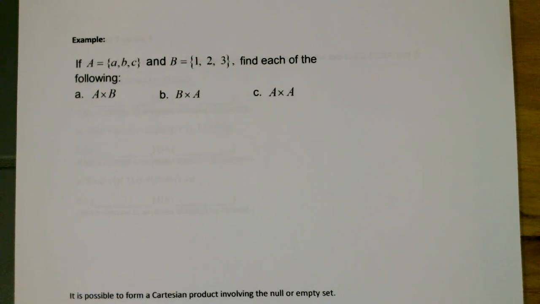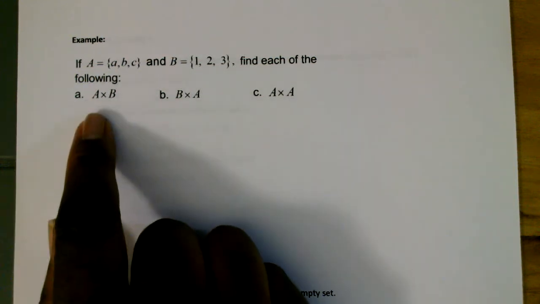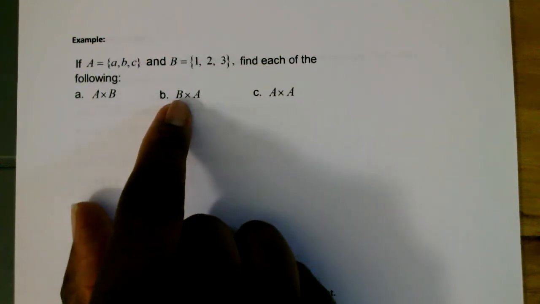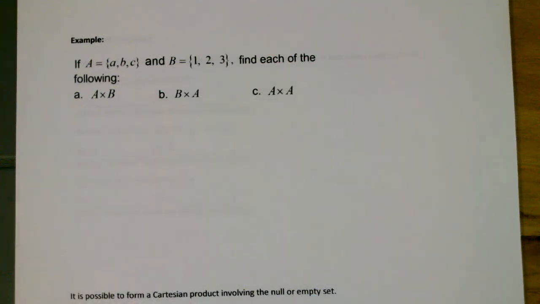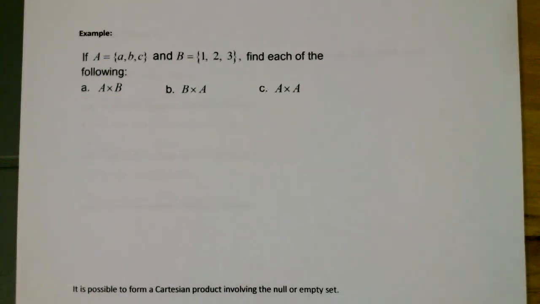So here's some examples of dealing with the Cartesian product. Let's say A has the elements a, b, and c, and B has the elements 1, 2, and 3. And I want to find the Cartesian product of A and B, the Cartesian product of B and A, and the Cartesian product of A and itself.